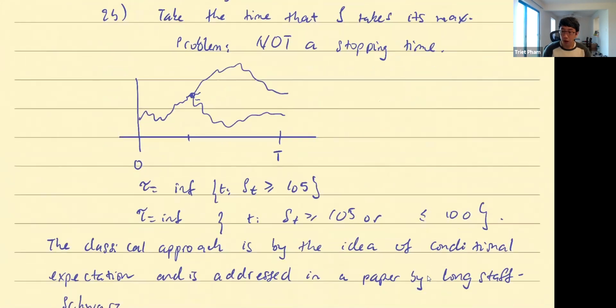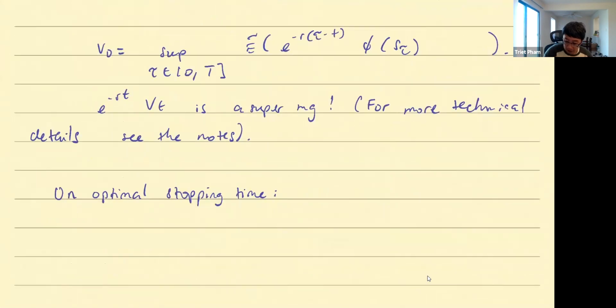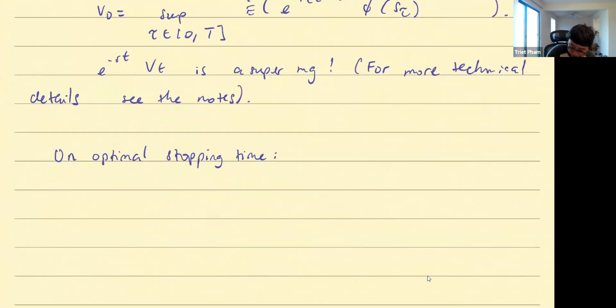Okay. Now, first of all, let me ask a very silly question. Suppose tau star is the time where you exercise, right? So what's V tau star? What's the value of the option at tau star?